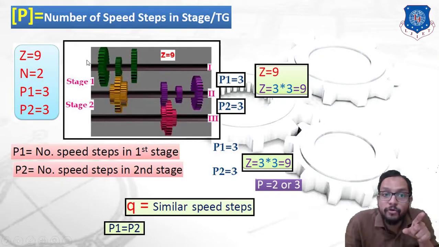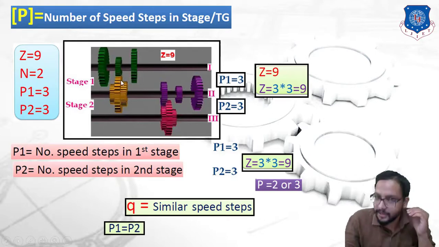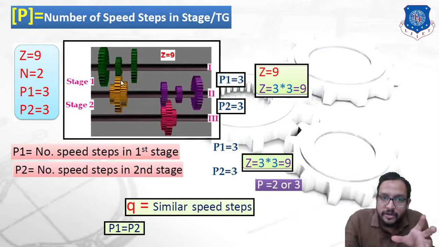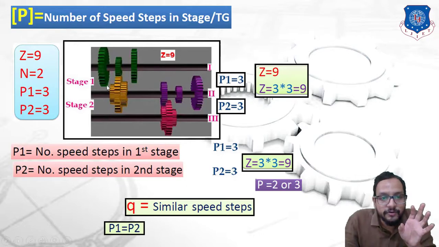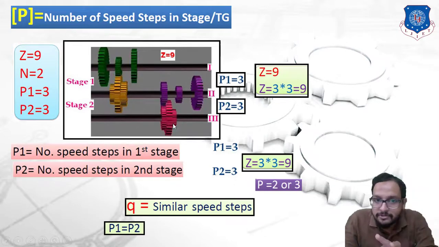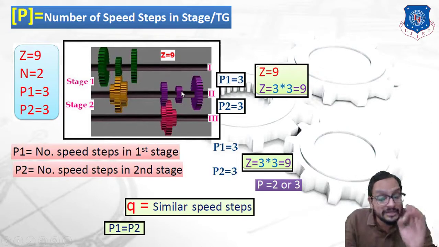Now when I shift this yellow gear to mesh with a second pair, can I say another 3 speeds will be obtained? So in total how many speeds have we obtained? 6 different speeds have been obtained. By meshing the first pair I obtained 3 different speeds, and by meshing the second pair of this stage 1 arrangement, another 3 speeds are obtained. So in total, 6 speeds.